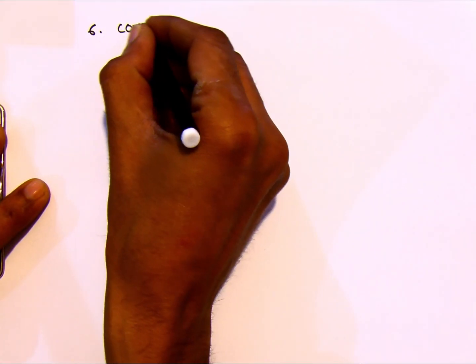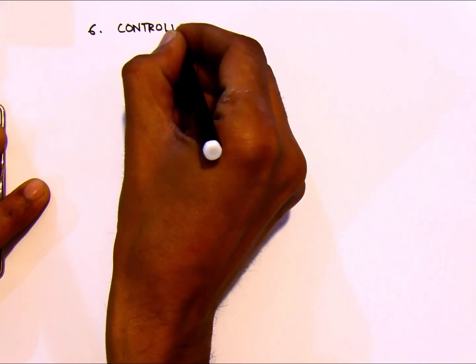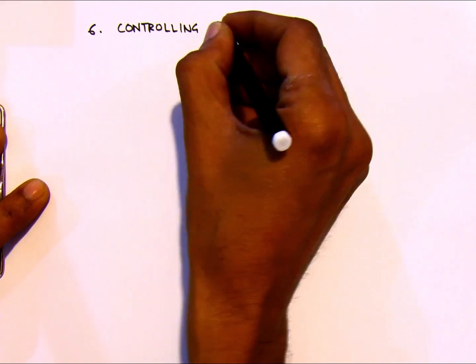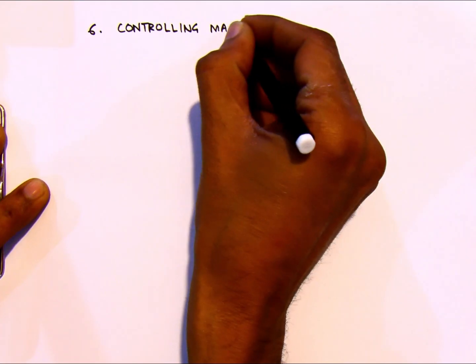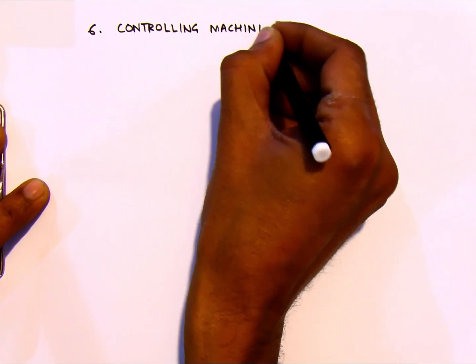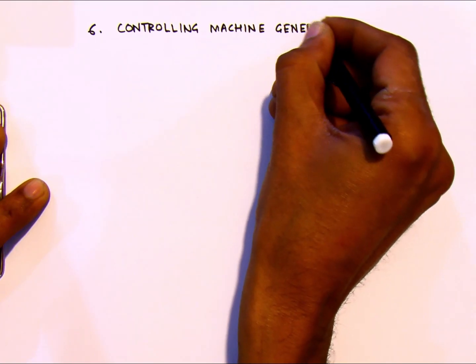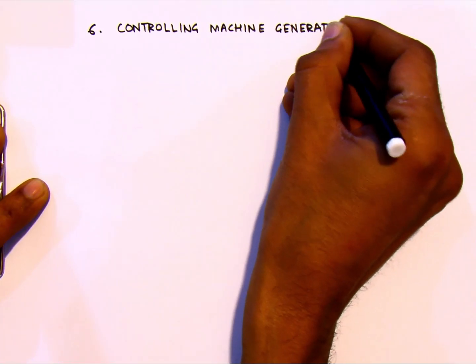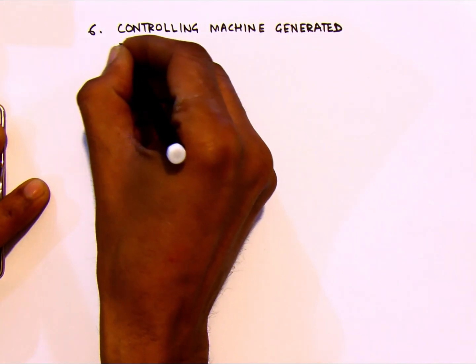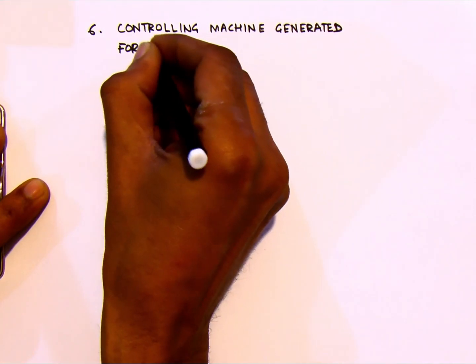The next important design consideration is to control the forces generated by the machine itself. The onus for this lies with the manufacturer, especially the mechanical engineer who is involved with the design of the machine.